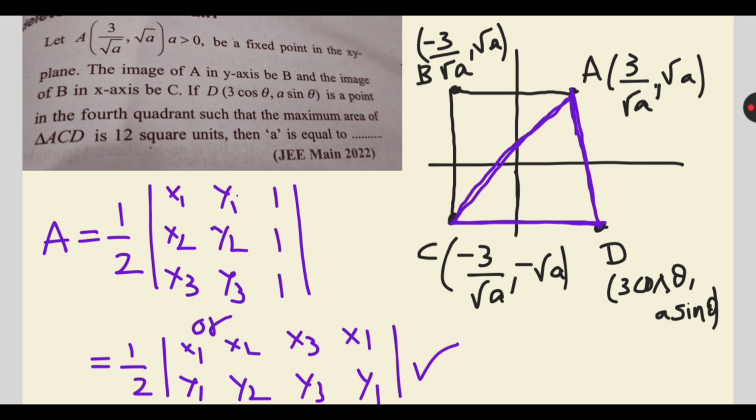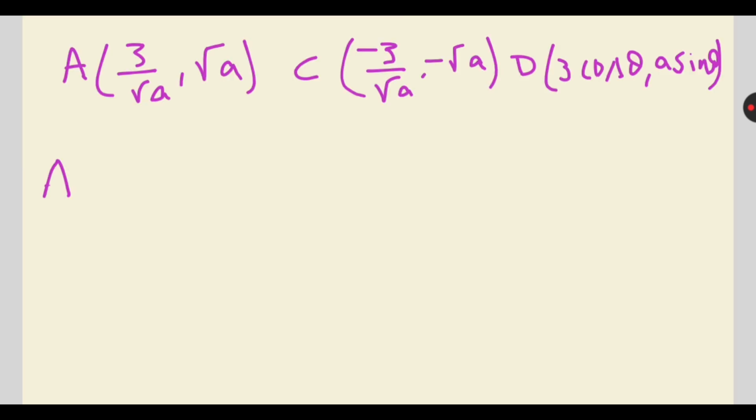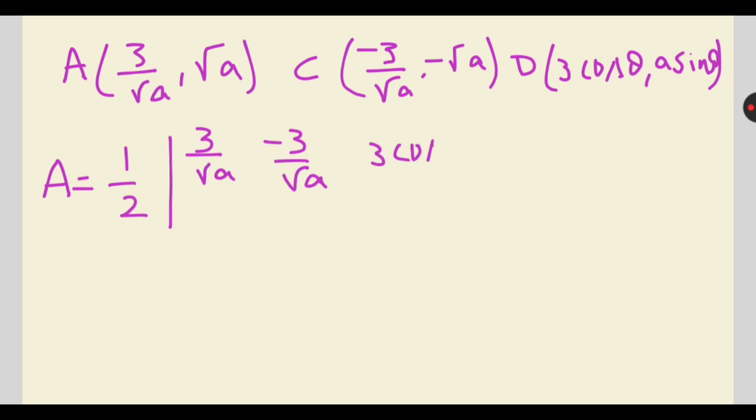This is a bit easier than the first one. To find this, what we need are the A, C, D points. Already we know the A, C, D points, so let's substitute directly here. So area equals half into x1 x2 x3 x1, next y1 y2 y3, then again y1.